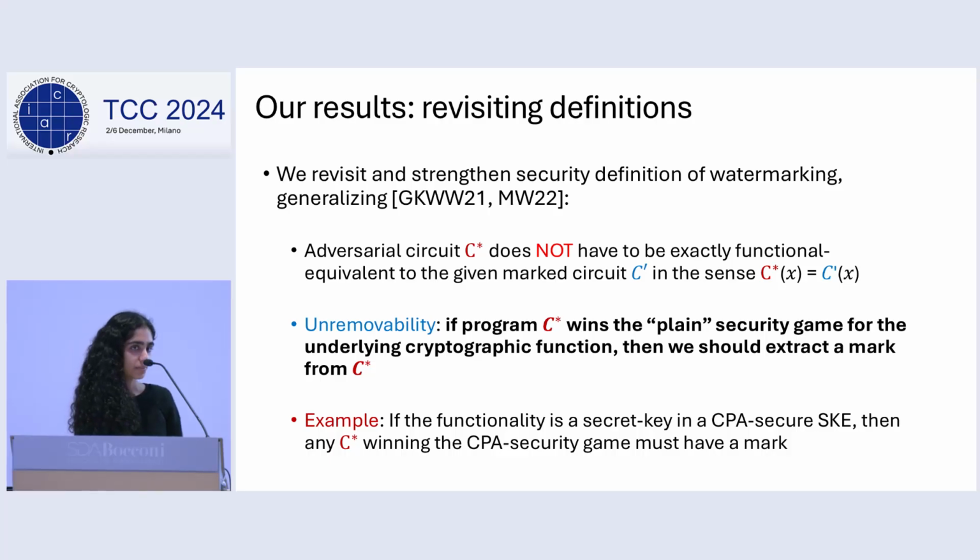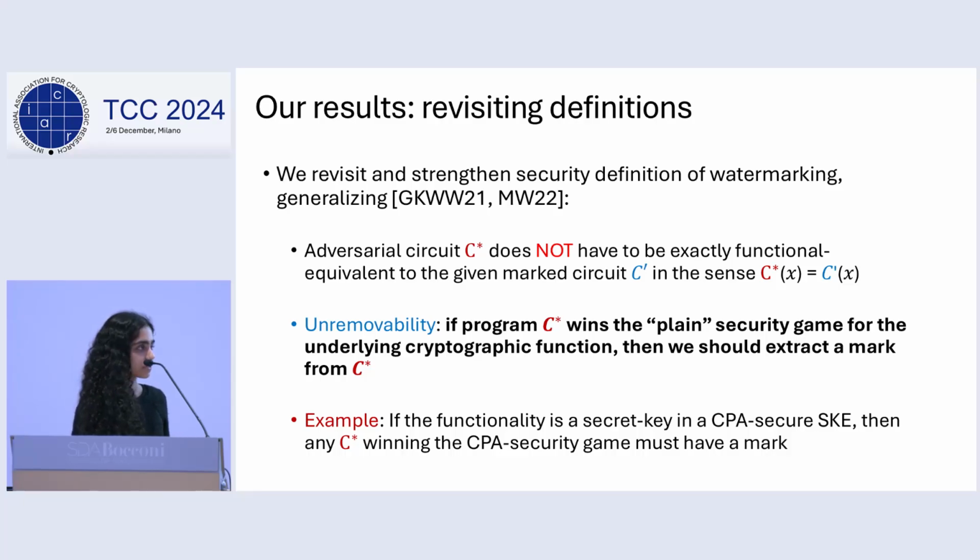So recall that the unremovability definition said that no efficient adversary should be able to come up with a circuit C star that preserves C prime's functionality but does not extract the mark M. They strengthen this property by saying that even if a program C star is not exactly functionally equivalent to C prime, but just has the guarantee that it wins the security game of the underlying primitive, even then it must extract the mark M. So this is a stronger definition.